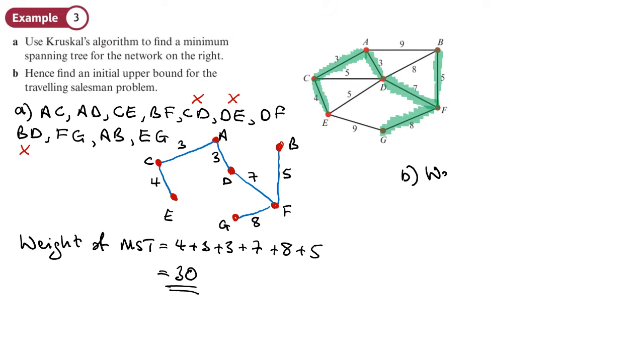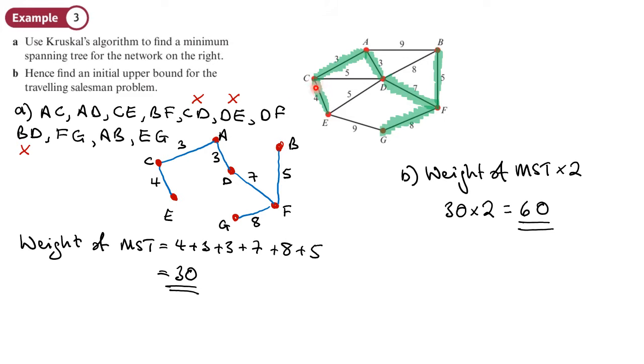Well, it's going to be the weight of the minimum spanning tree times by 2, so it's going to be 30 times by 2, which is going to be 60. So we're basically saying that one of the maximums we can do is to go down each one of these edges or arcs twice, which would give us a length of 60.